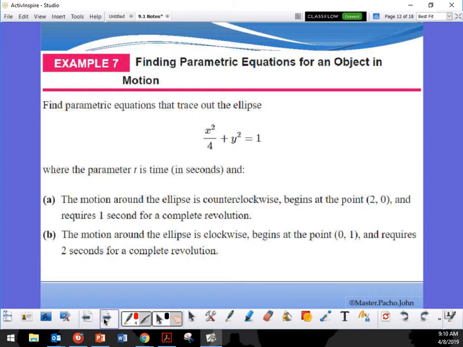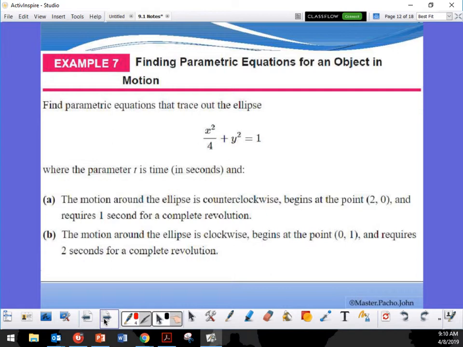So what are we going to have for this? So I need to start by rewriting this. So if I rewrite this in terms of t, what am I going to have?